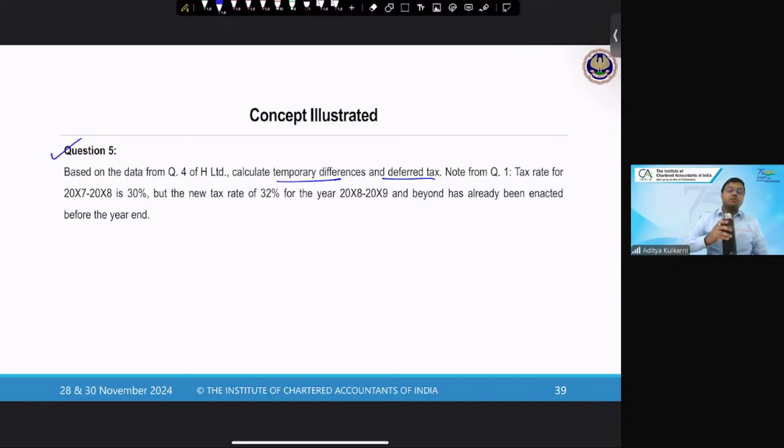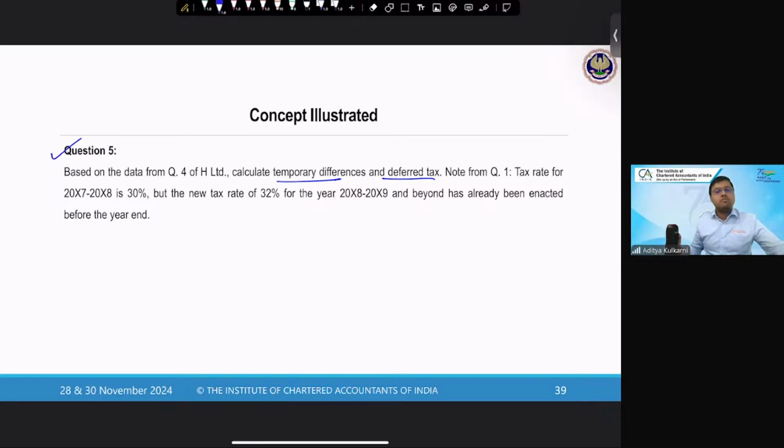Expected. Because the deferred tax is expected to materialize only in the future. That is why using the current tax rate is not really advisable. It's always preferred that we use a future tax rate. But future tax rate, I only know the one that is there for the next budget.